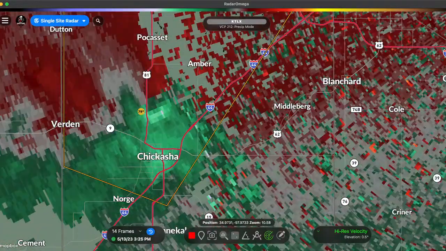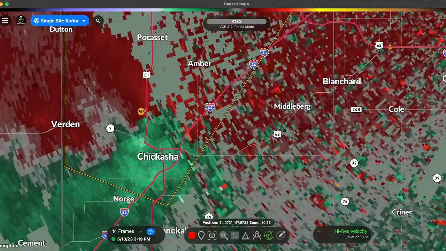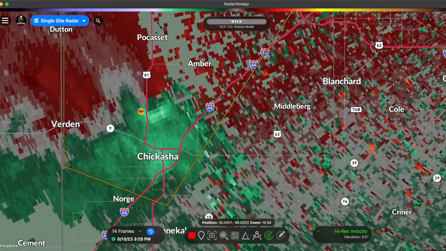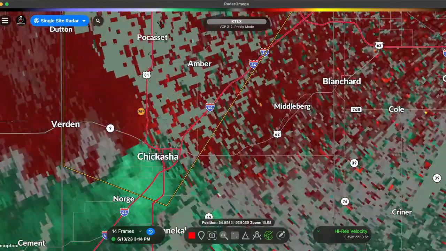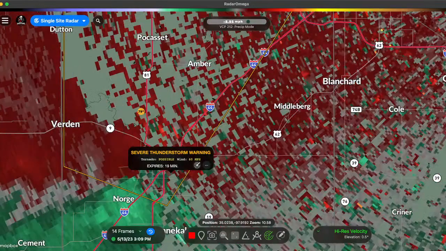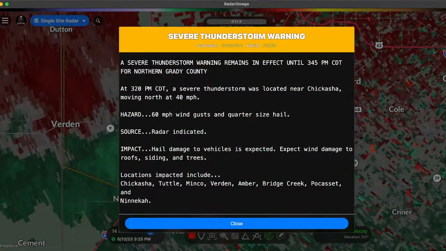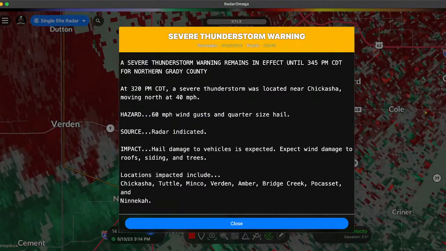Just watching these. Yeah, this is a fast moving storm. There's no doubt about it. Wind 60 miles an hour in this storm. Moving north at 40 miles per hour.